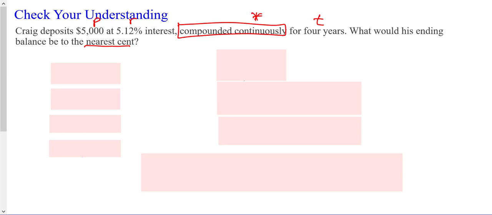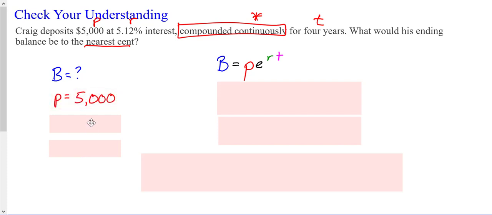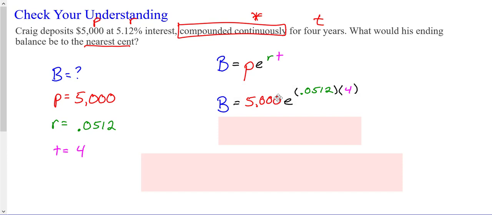So we have to use our B equals P e to the RT formula. Let's list out our variables. We don't know what our balance is. That's what we want to find. We know our principal is 5,000, our rate is 0.0512, and our time is 4 years. Plug it in, put it in our calculator, and solve it, and then nearest cent.